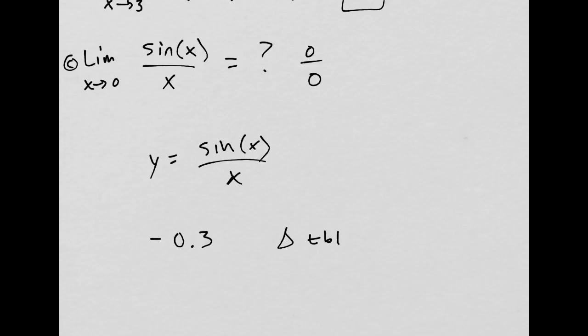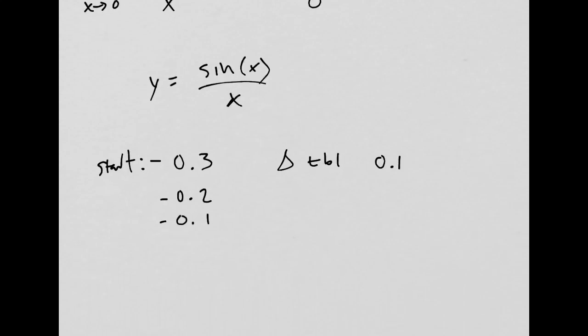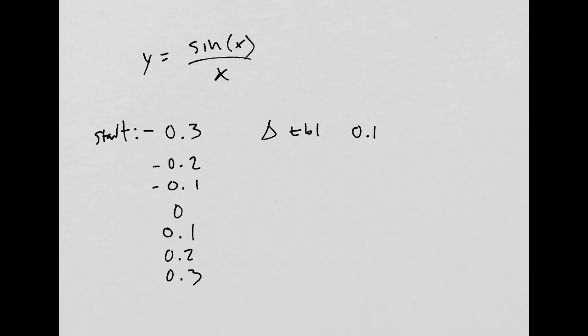So this is the start, and then increment by 0.1. Then the next one would be negative 0.2, negative 0.1, and then 0, and then it would start counting upwards. If you plug these in, you would approach closer and closer to 1.